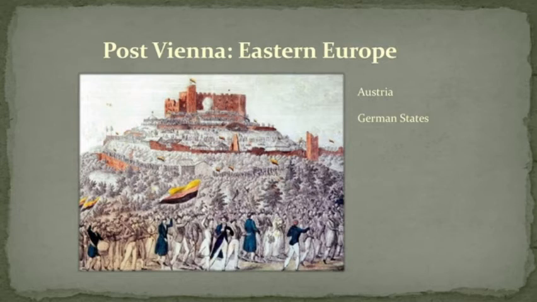These ideas could spread from one German state to another, and if they got into Austria, they could be very dangerous. And so in 1819, Metternich issued the Carlsbad Decrees. Carlsbad's a city, and this is where he issued them from. And they essentially set up a program of censorship of universities and the press, and there were very harsh penalties for advocating liberal ideas or nationalist ideas.